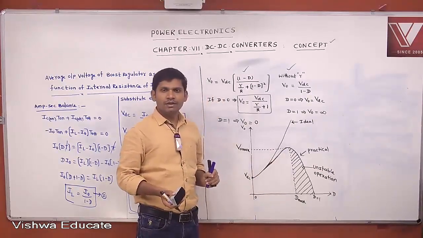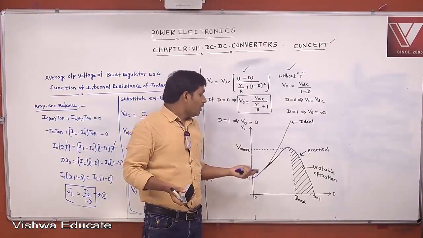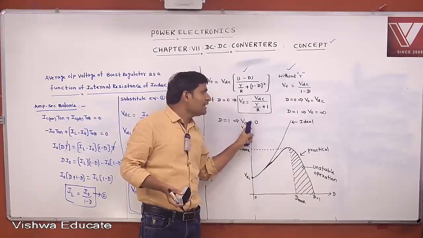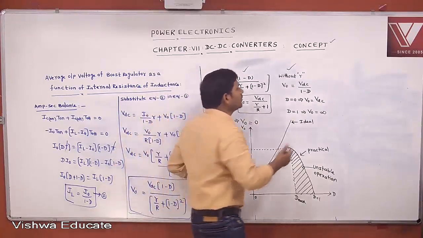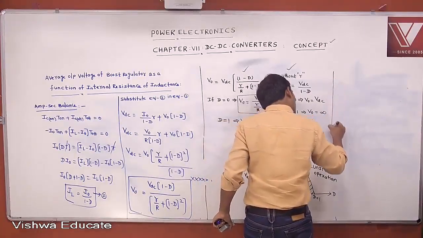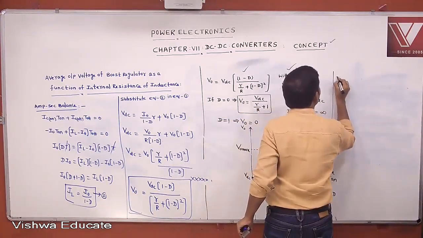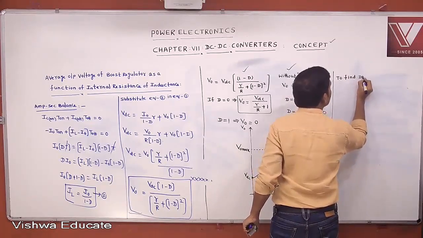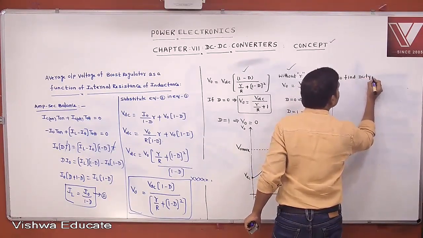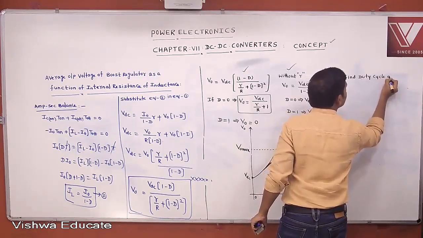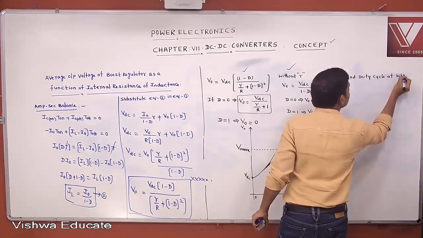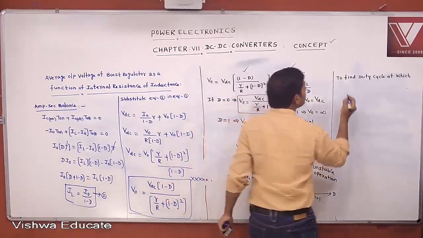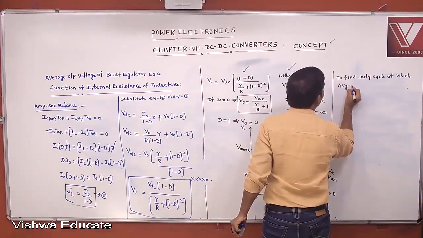Now you want to find at what value of duty cycle the average output voltage is maximum. That means find the condition for practically where the average output voltage is maximum. That means to find the duty cycle at which average output voltage is maximum.